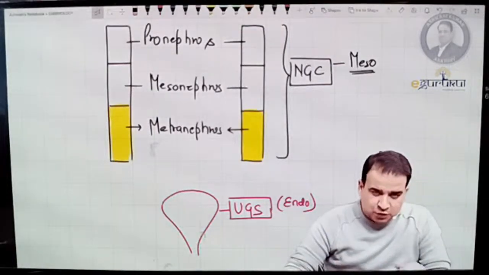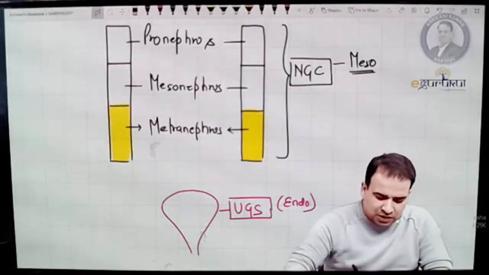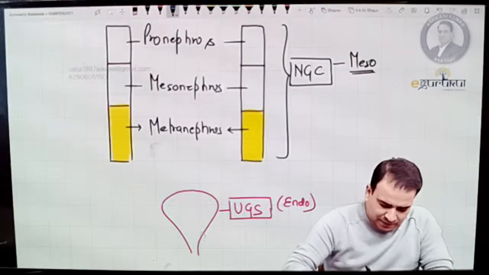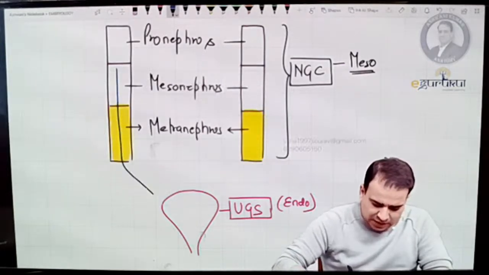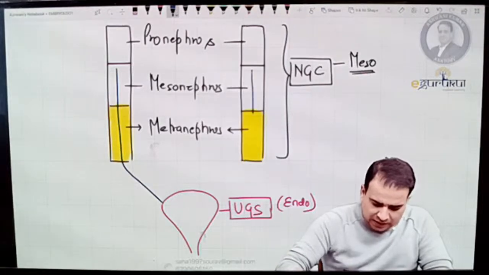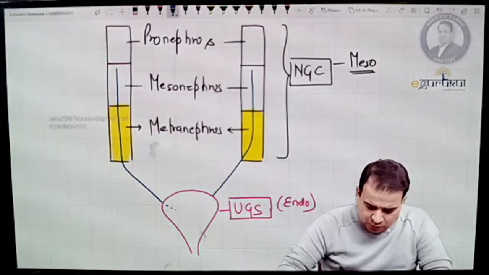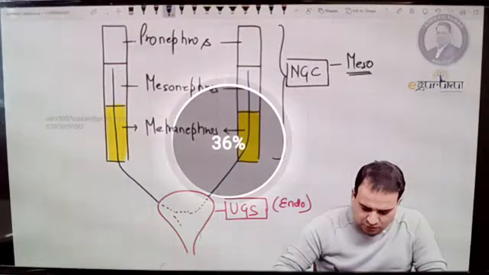Now, mesonephros, we said, will give rise to the mesonephric duct and paramesonephric duct also. So guys, let us say, if this is a mesonephric duct here, the mesonephric duct will come from this mesonephros and will come forward and get absorbed in the urogenital sinus later on, and that will give rise to the trigone of the bladder.